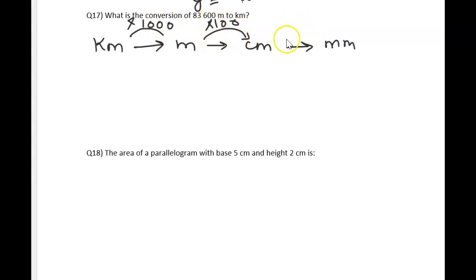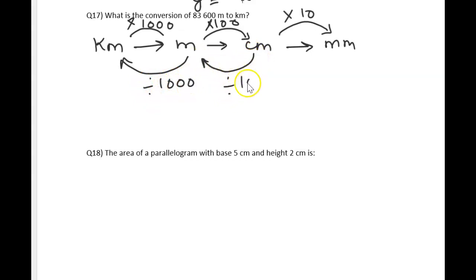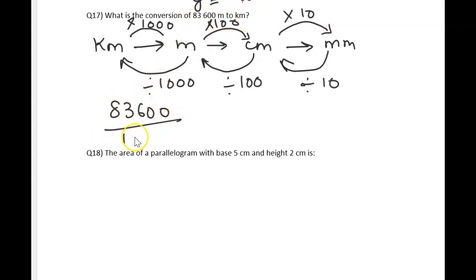Centimeter to millimeter, you times it by 10. If you're converting meters to kilometers, when you're going back, you have to divide by 1000, divide by 100, and divide by 10. So thus, my question here, meters to kilometers means I have to divide 83600 by 1000.